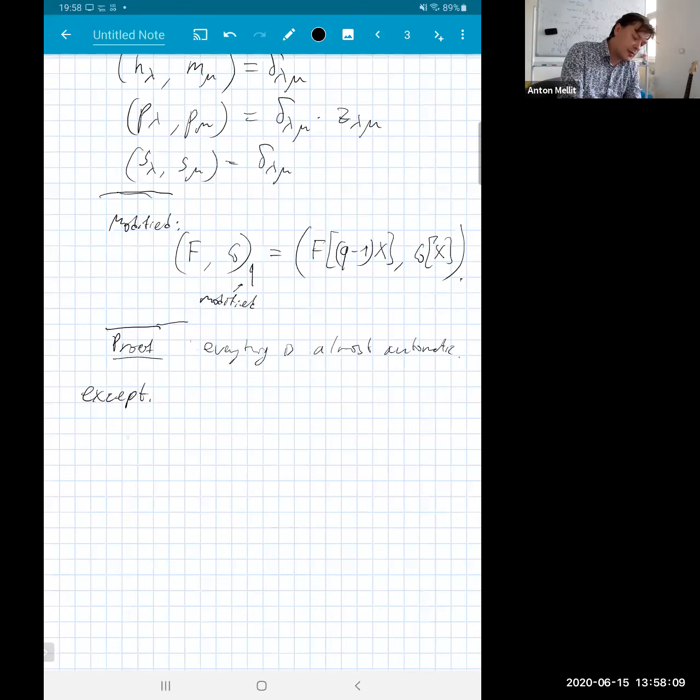We consider I of u, the sum over all objects of the class of the object divided by the number of automorphisms, times u to the dimension.